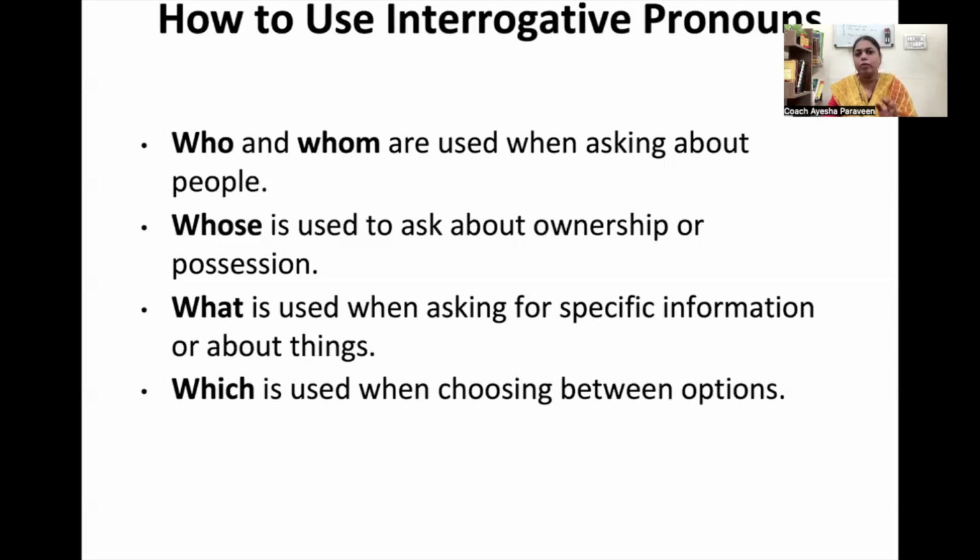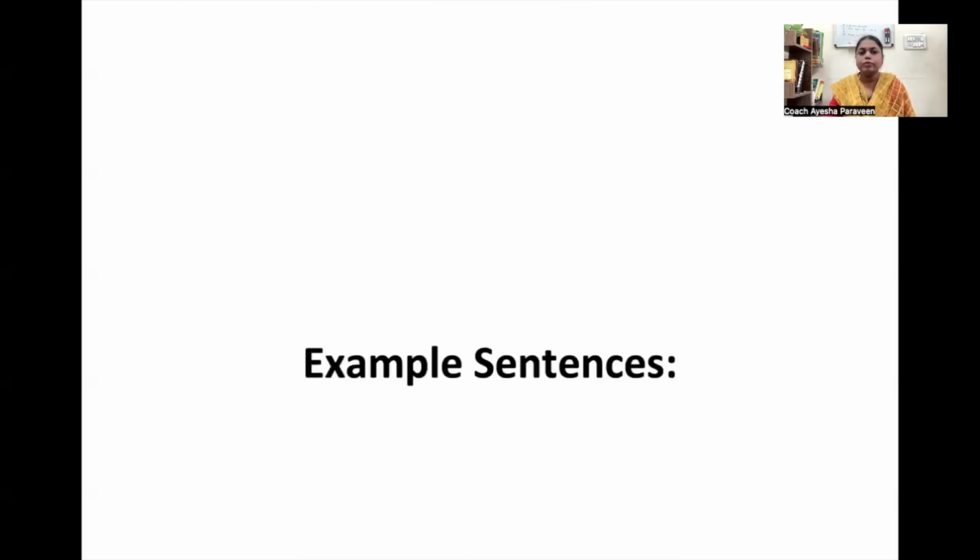When you are making a sentence and inquiring about some person, you use who or whom as an interrogative pronoun. Whose, if you are inquiring about somebody's possession. What is used to ask for specific information about something. Which is used when there are options. I will explain each one with an example.